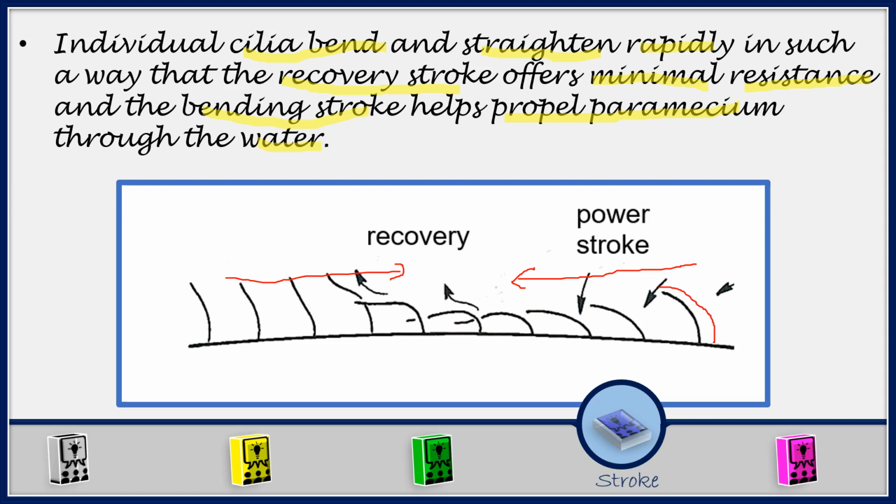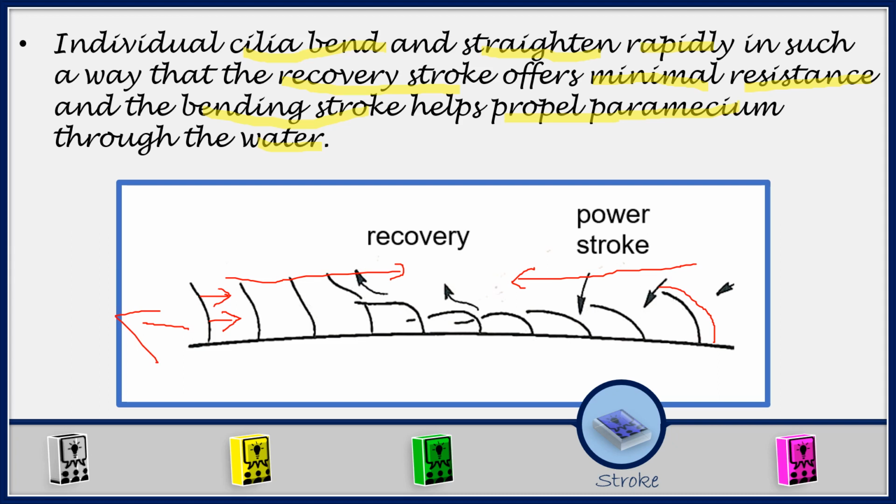Now, for example, if you see this one is straightened. If it is straightened like this, that means that now it is applying some pressure against the water current, and thereby that will propel the organism to move forward.